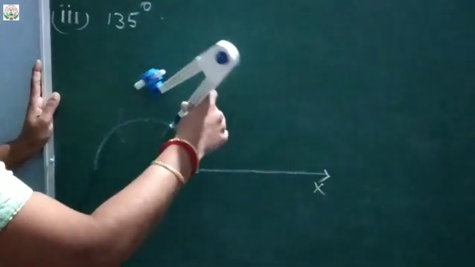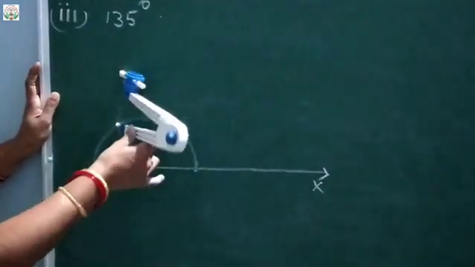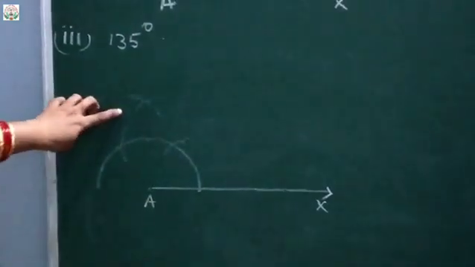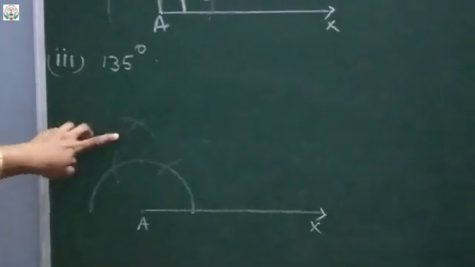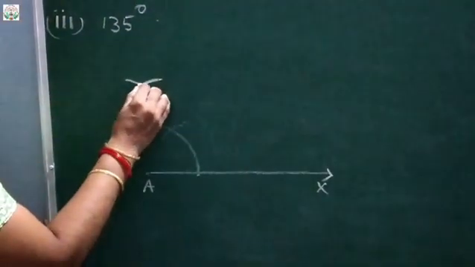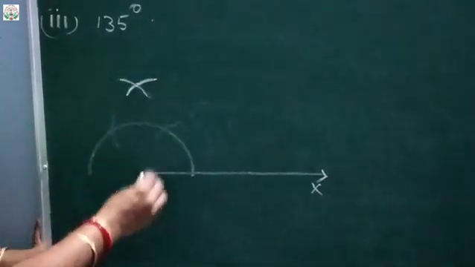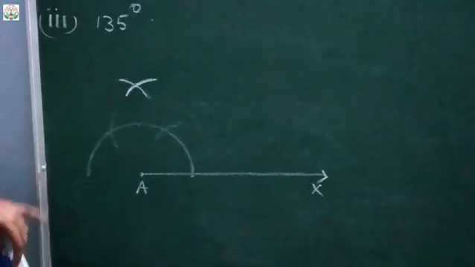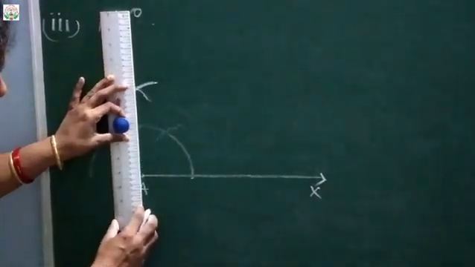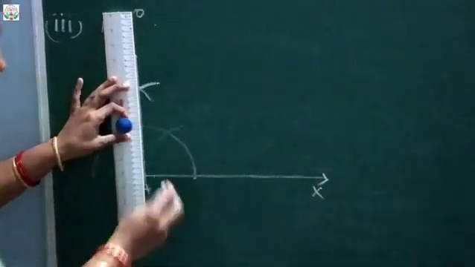Now at 120 and 60 draw the angle bisector and make 90 degree. So you can see this is our 90 degree. From the intersection of 60 and 120 we got 90. I am just darkening it. Now we will join this point with the initial point A to get 90 degree. Join it like this.